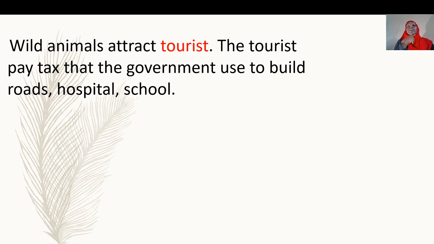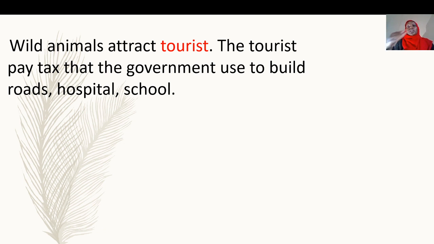The tourists pay tax that the government uses to build roads, hospitals, and schools. What is tax? Tax is the money that tourists pay at the airport before entering the country. There is an amount of money they give to the government, and this money is what you call tax. It allows you to enter the country.